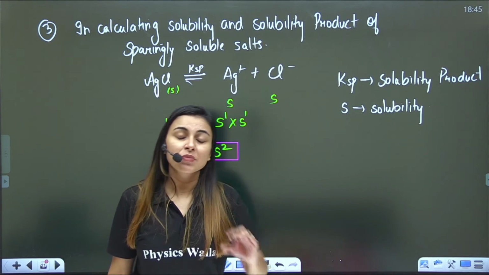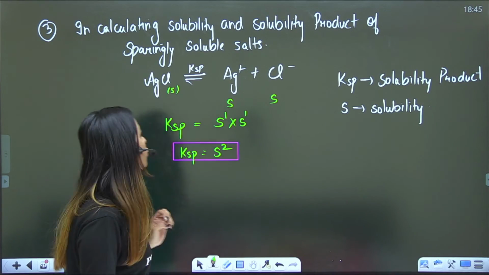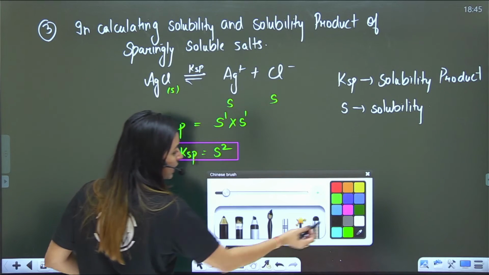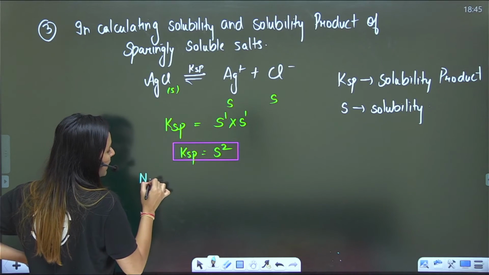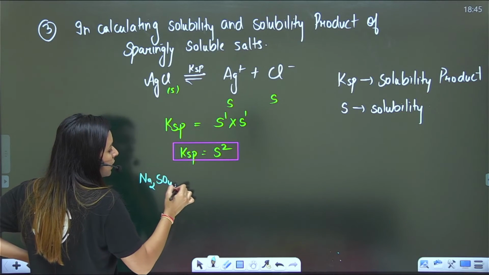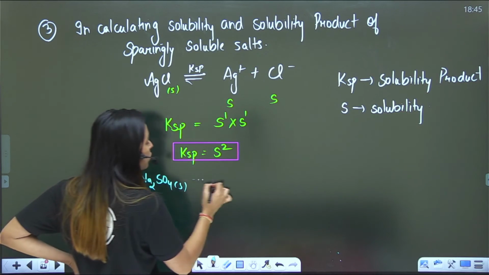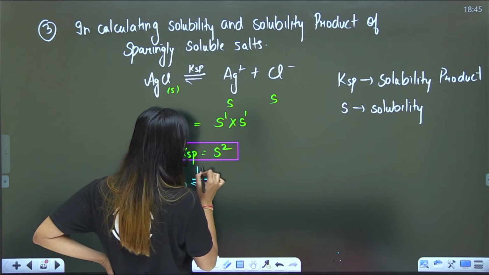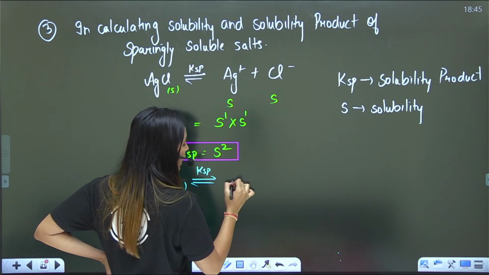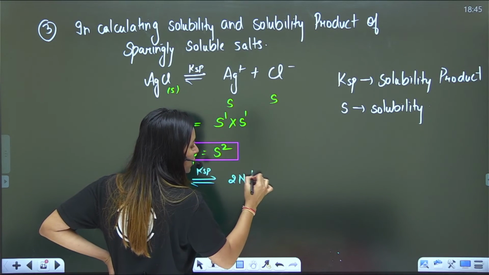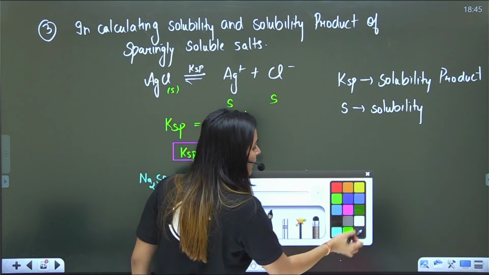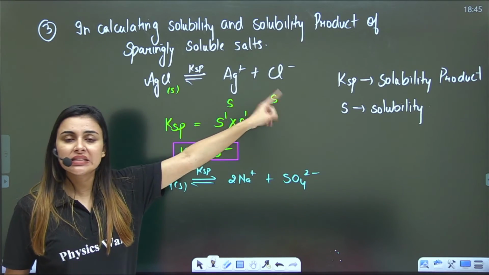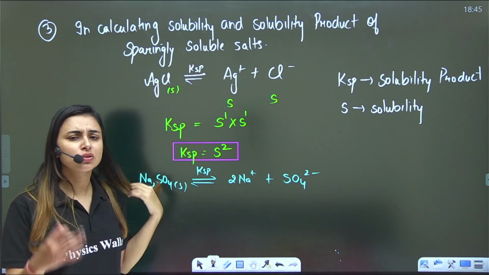This was easy. Now let's complicate things a little more. Let's take another example. You have Na2SO4. Now, if you have a sparingly soluble salt, something like this, then this will be your KSP value and you will have 2Na plus and you will have SO4 2 minus. Again, I know that solubility is S and KSP is the solubility product.